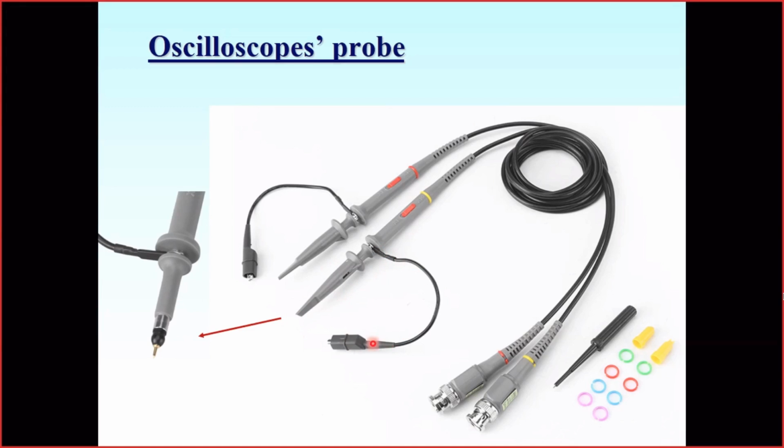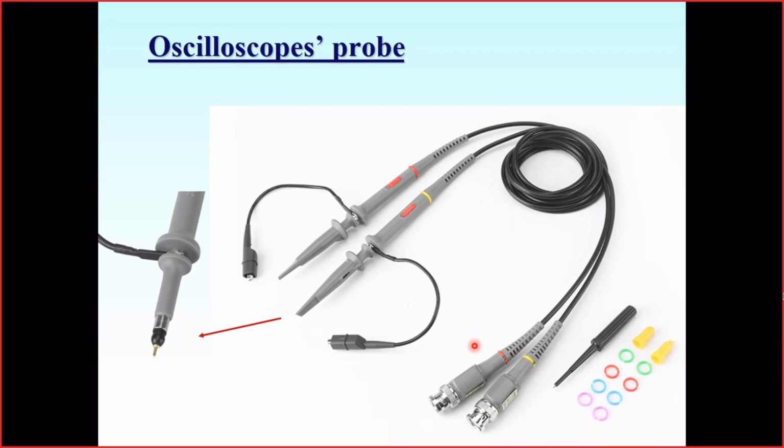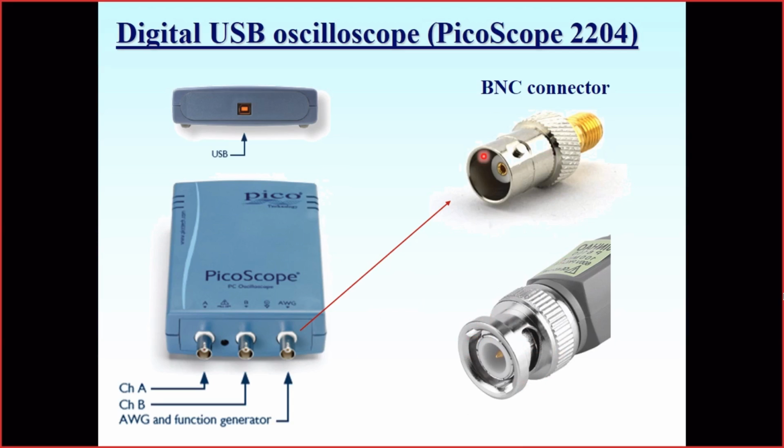The tip we usually name the signal wire. It is connected to the central electrode of the BNC connector. We need two wires to connect to the circuit. The second wire is the so-called ground wire. It is connected to all the metallic part of the connector itself, and usually it is connected to the circuit ground.